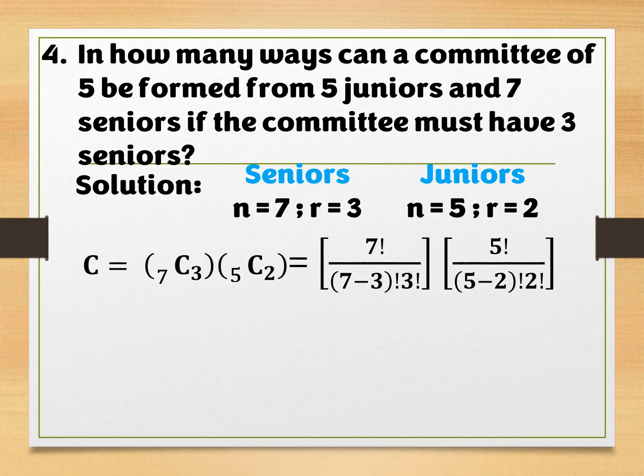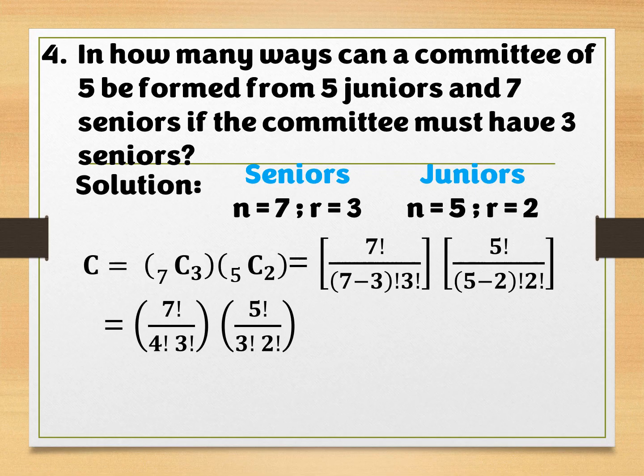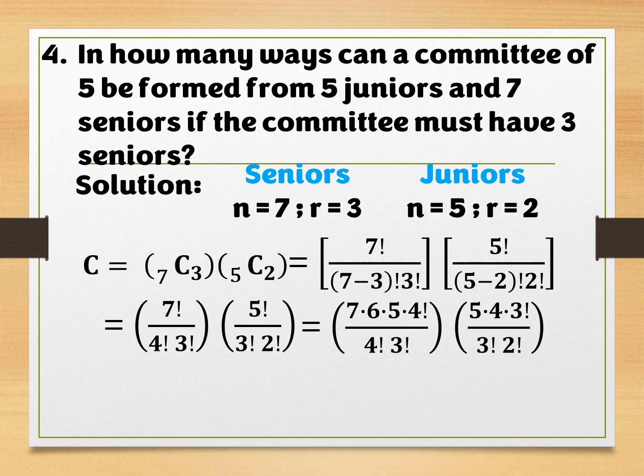That is for seniors. And for juniors, we have 5 factorial all over the quantity of 5 minus 2 factorial times 2 factorial. And then simplify the denominator. So we have 7 factorial all over 4 factorial times 3 factorial times 5 factorial all over 3 factorial times 2 factorial. And then simplify now.